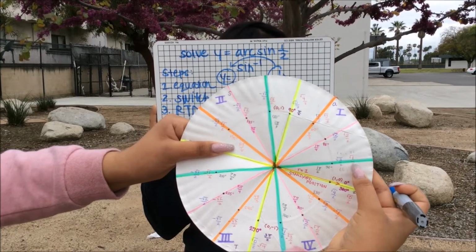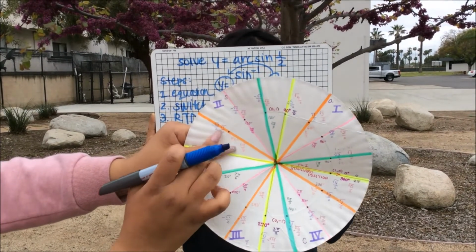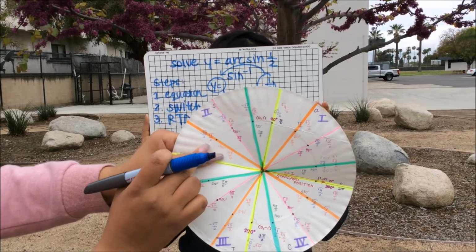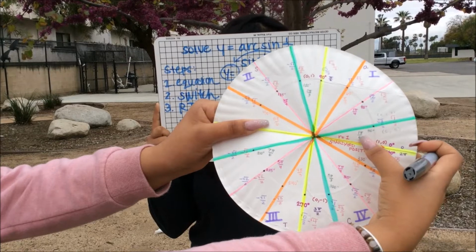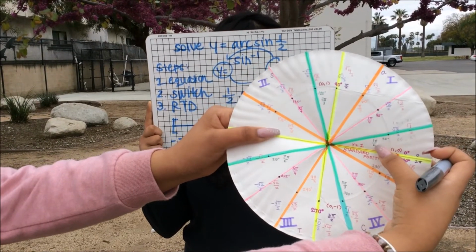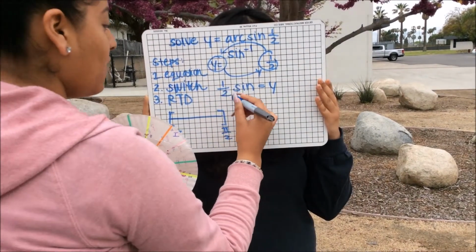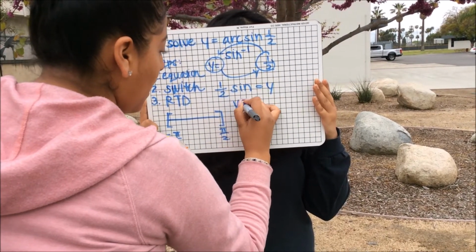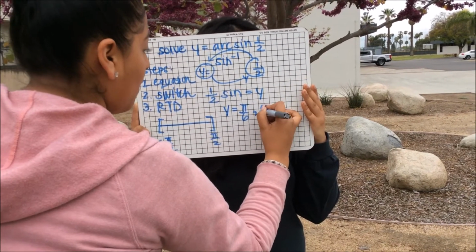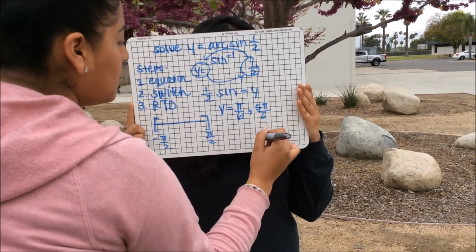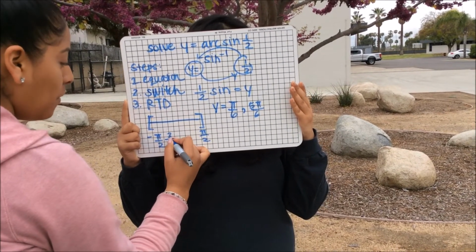Since 1/2 is positive on the sine side, right across is also 1/2, which is in the sine of the parentheses. Then we can see that our two values are pi/6 and 5pi/6. So y equals pi/6 and 5pi/6. Since they're both over 6 and these are over 2, we're going to try to find common denominators.